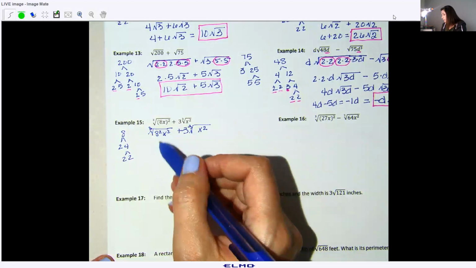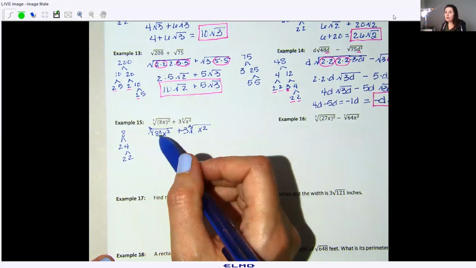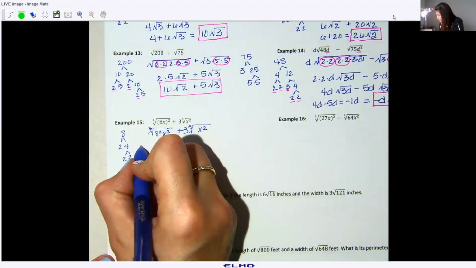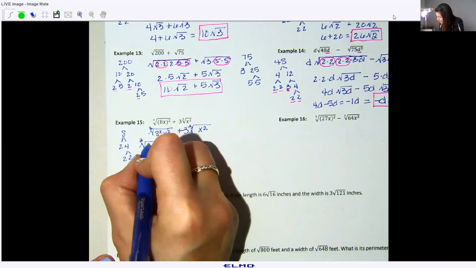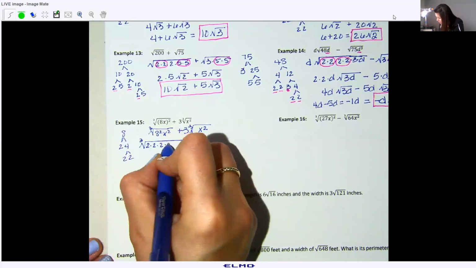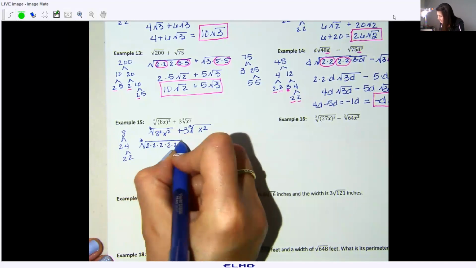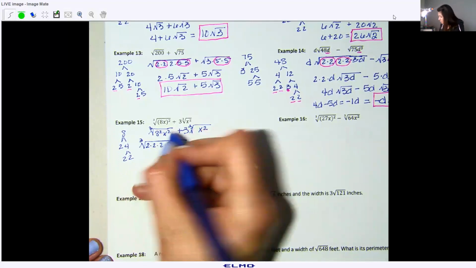And I end up with a group of, I have 3 2s here, but since 8 is squared, I need to double that. So let's see. I have 2 times 2 times 2. That was my first 8. And now I have to do 2 times 2 times 2 again for my second 8 because it's being squared. And then we don't want to forget our variable, our 2x's in there.